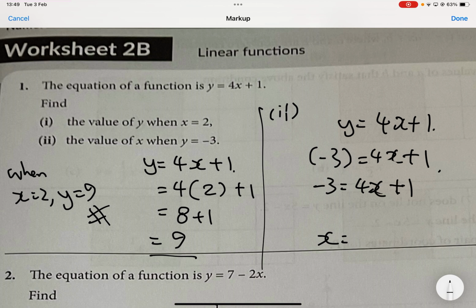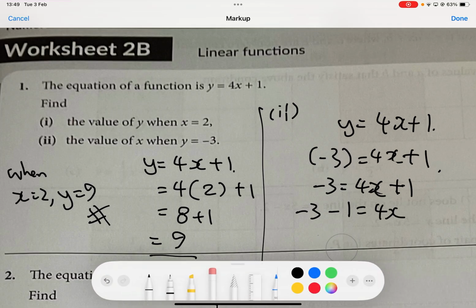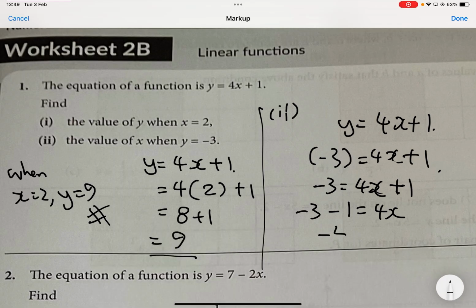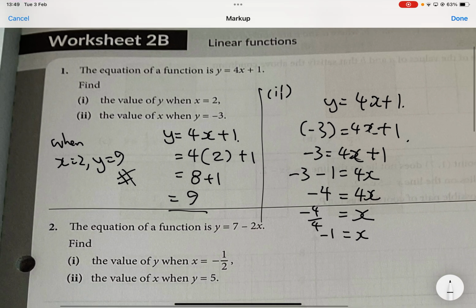I move my 1 across first. My 1 goes to the left and becomes minus 1. Minus 3 minus 1 equals to minus 4. Then finally, I want 1x, so I need to divide both sides by 4. Then I can find x must be equals to minus 1.